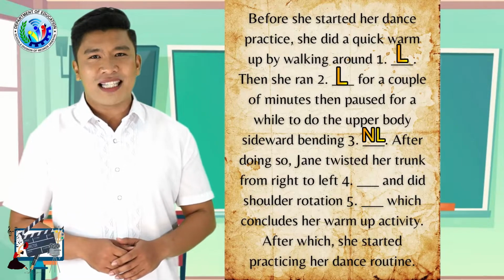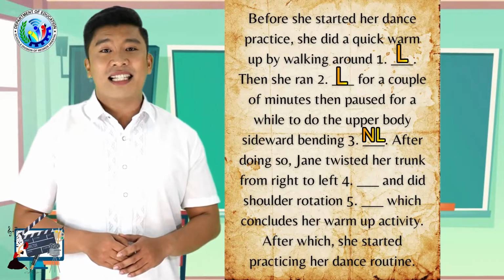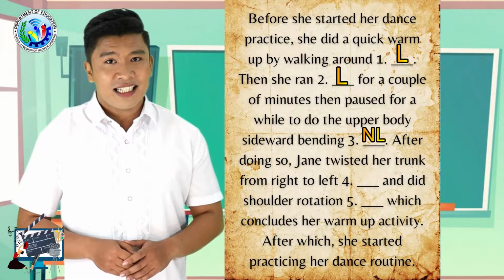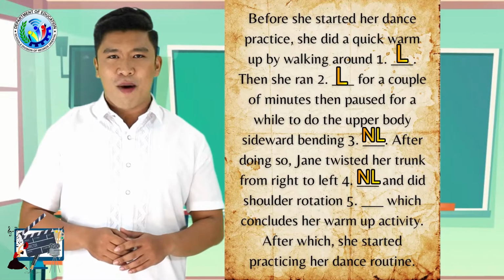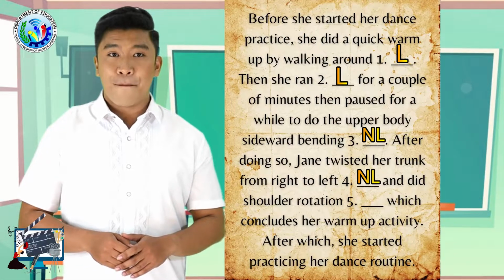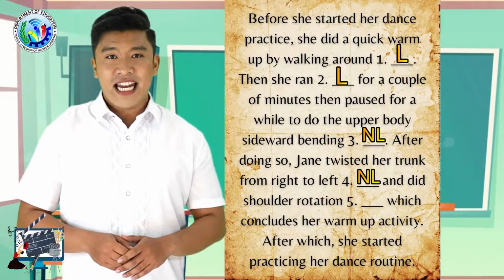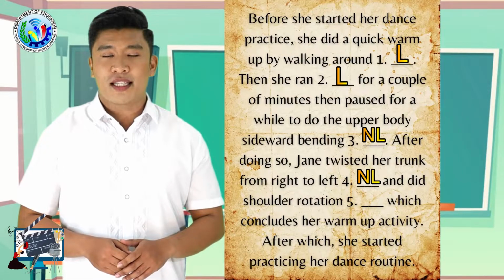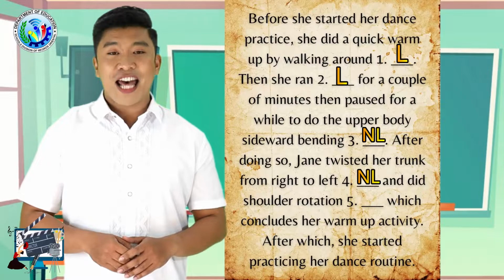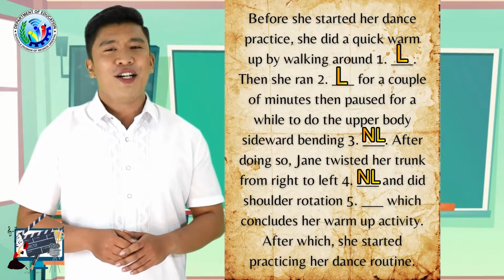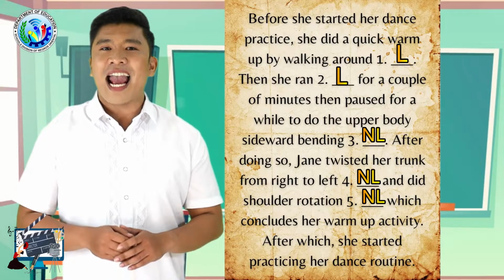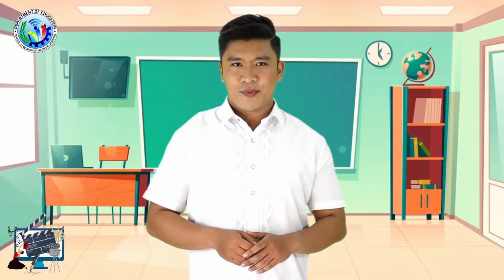Very good! Twisted. And twisting is a correct non-locomotor movement. Number 5. And did shoulder rotation, which concludes her warm-up activity. And the movement is rotation, and it is a non-locomotor movement.